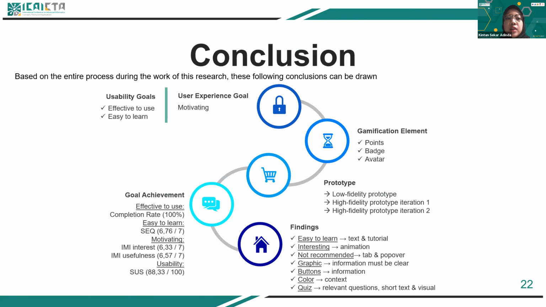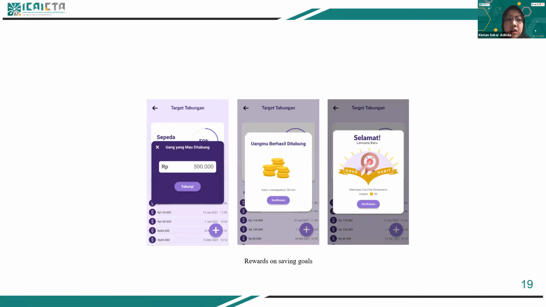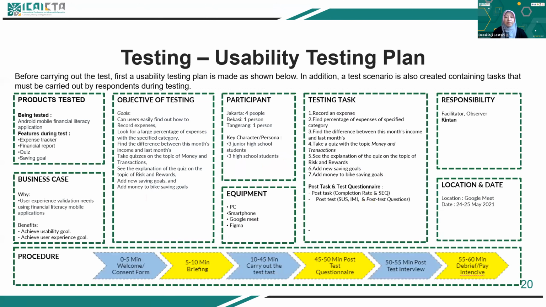Okay, the number of users that is valid is 5 to 6 users, because from what I read on research regarding usability testing, it is already representative for the result.